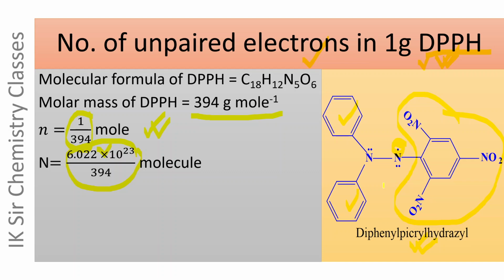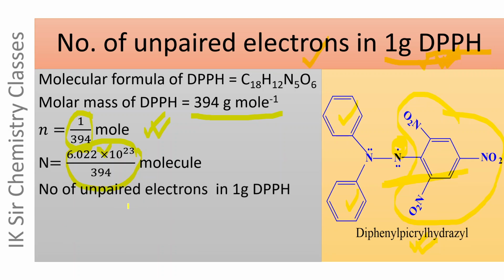It is obvious that one molecule of diphenyl picryl hydrazine contains one unpaired electron, and therefore the number of unpaired electrons in 1 gram DPPH should be equal to the number of molecules present in it. Therefore the number of unpaired electrons in 1 gram DPPH will be equal to 6.022 into 10 to the power 23 divided by 394.